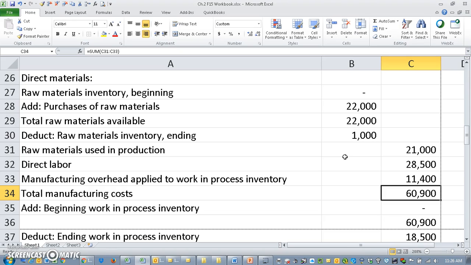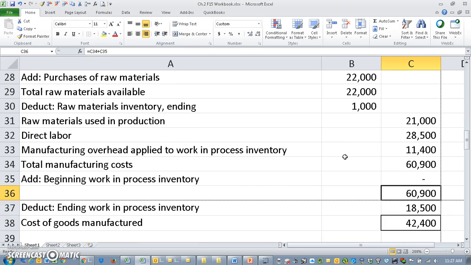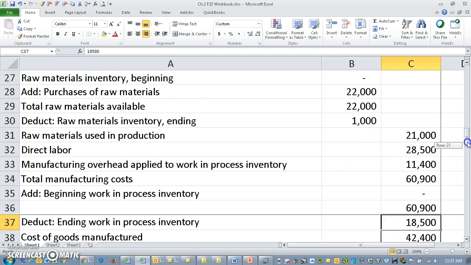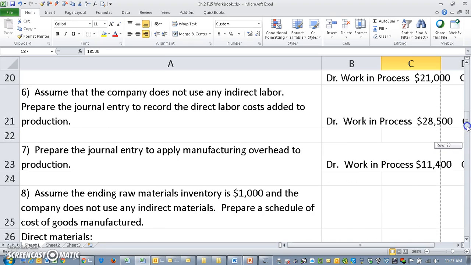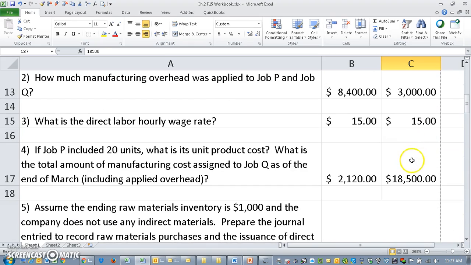We add any beginning work in process, which was 0. And that leaves us again with a balance of $60,900. Now our ending work in process inventory is $18,500. You might ask, well, where did you get that number? That $18,500 comes back to this number in question 4.